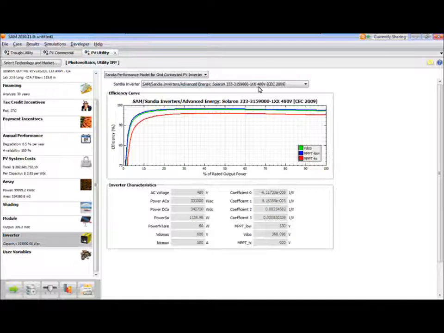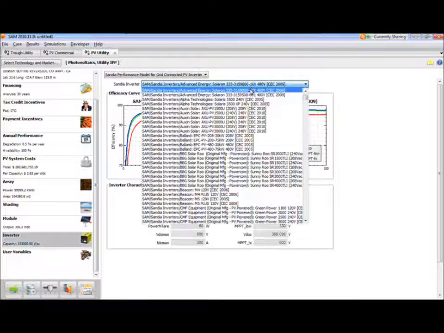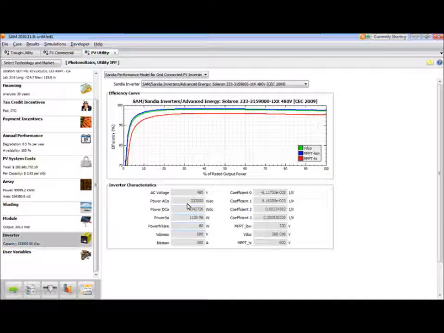And the default inverter is a Solaron 330 kilowatt inverter. When you choose modules and inverters from this list, SAM is populating these parameters from values in the database. You can't change these values.